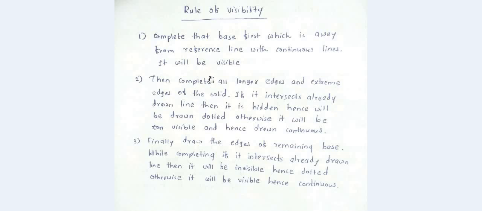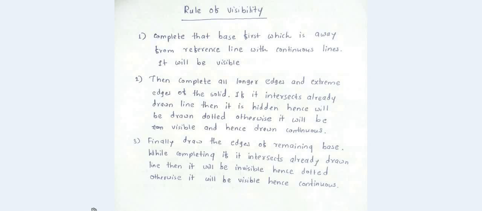In other words, after completing the visible base in the first step, we will draw all longer edges AP, BQ, CR, DS, and while drawing these lines, if it intersects an already drawn line, then it will be dotted, otherwise it will be drawn as continuous. And in the third step, we will be completing the remaining base which we have left, and while completing that base also, if it intersects an already drawn line, then it will be invisible, hence dotted, otherwise it will be drawn as continuous.